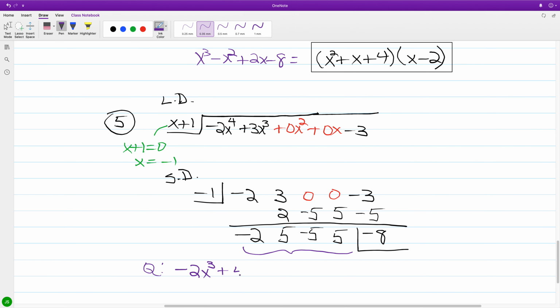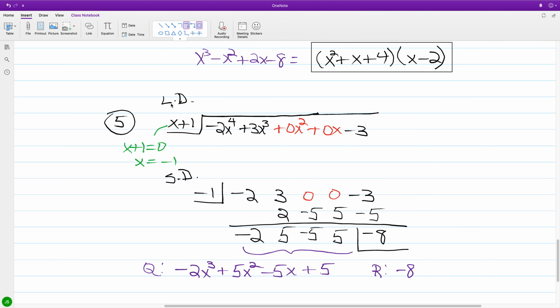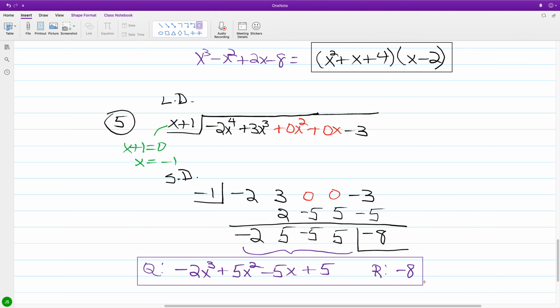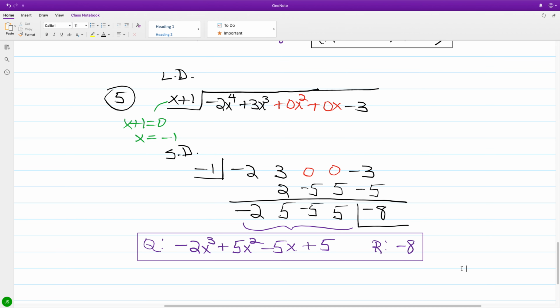And we'll have plus 5x squared. The negative 5 that follows will be in reference to negative 5x. And then we have a constant at the end, 5. And for the remainder, the value will be negative 8. So the quotient is this third order polynomial, and the remainder is minus 8.